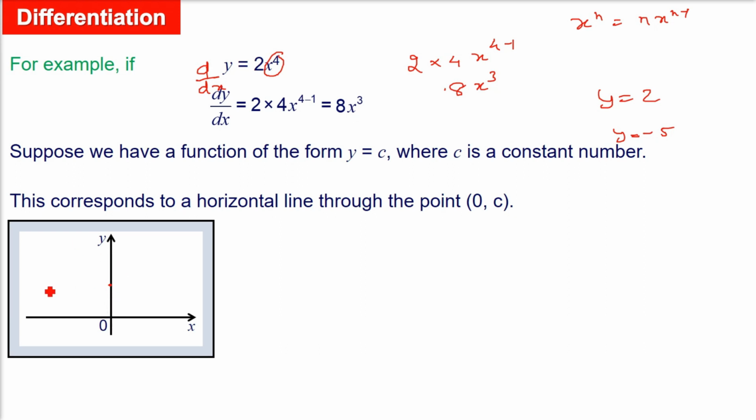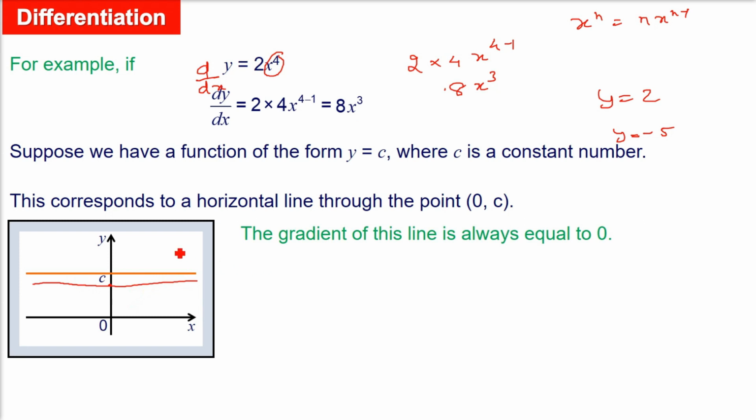The distance of that line from the x-axis is c, a constant. But it is parallel to the x-axis, so there will be no angle. The angle of that line with the x-axis is 0. So tan theta will be 0, dy by dx will be 0, m will be 0, the slope will be 0, the gradient of that line will be 0.